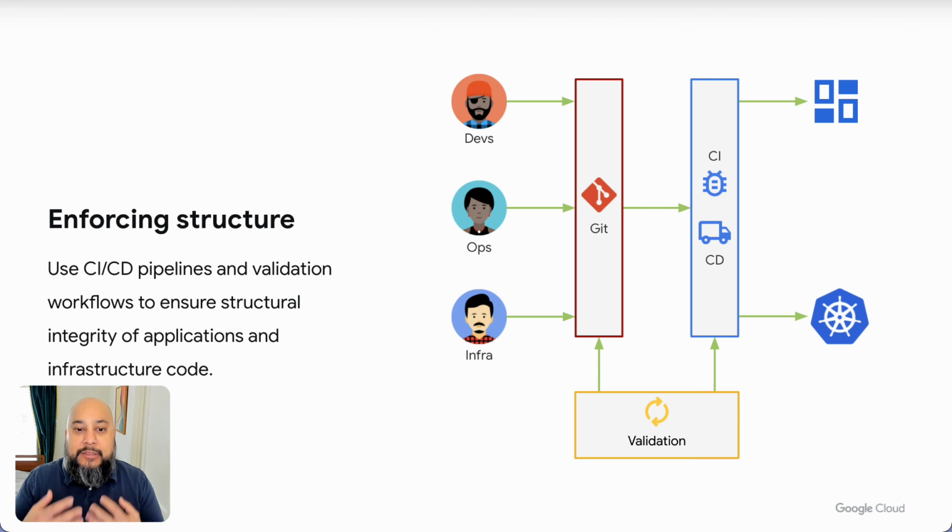And the way that looks in practice, you always want to have, as part of your CI/CD pipelines or as part of your GitOps approach, some of that validation baked into your automation and your deployment. So whether dev, ops, or infrastructure teams, when they check infrastructure as code into Git, there's a validation step that runs.